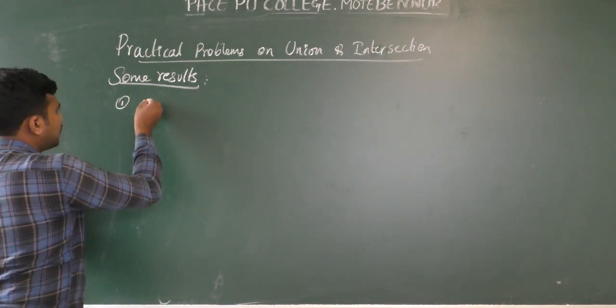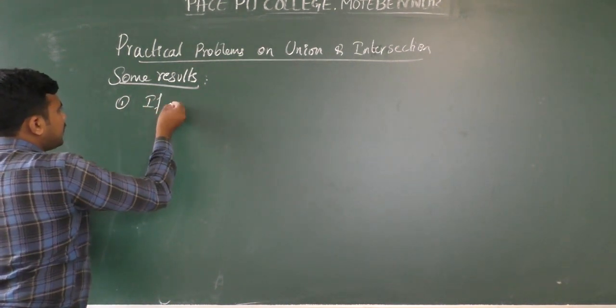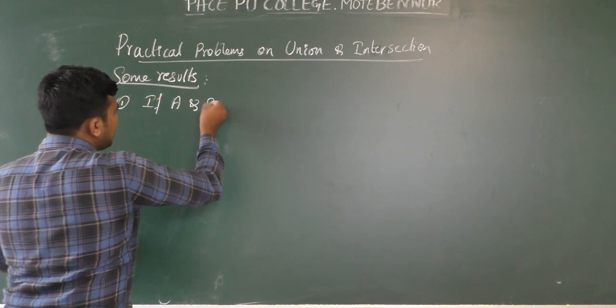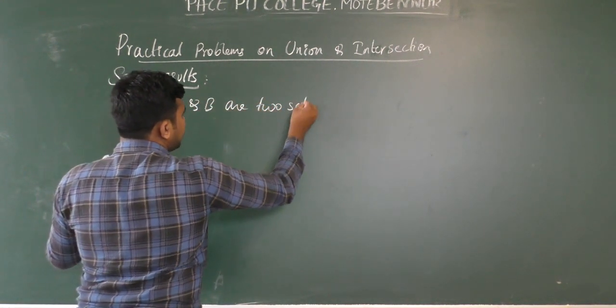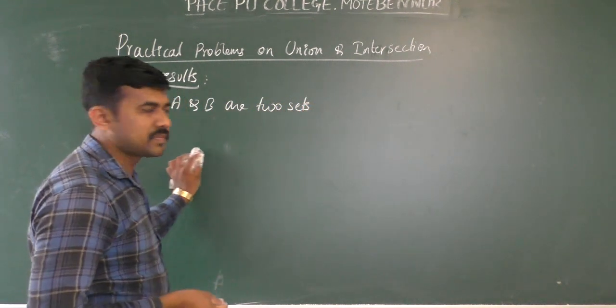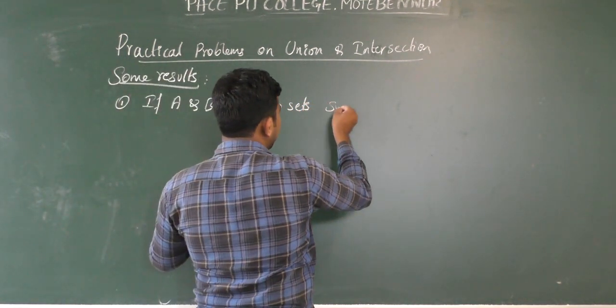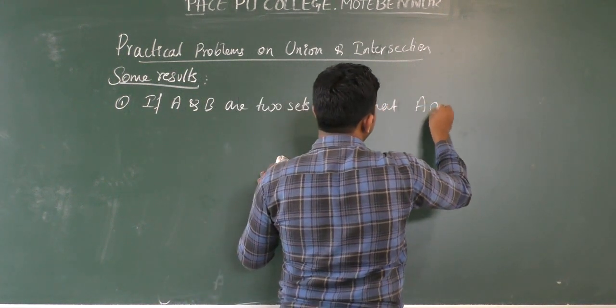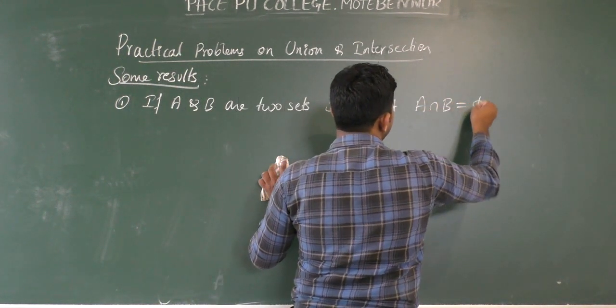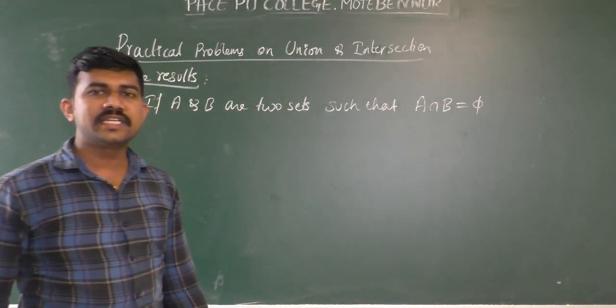See the first one: if A and B are two sets such that A intersection B is the null set, it means A and B are disjoint sets.